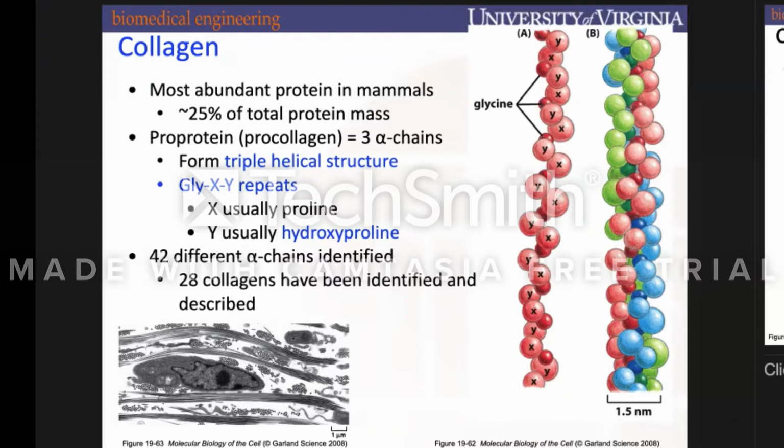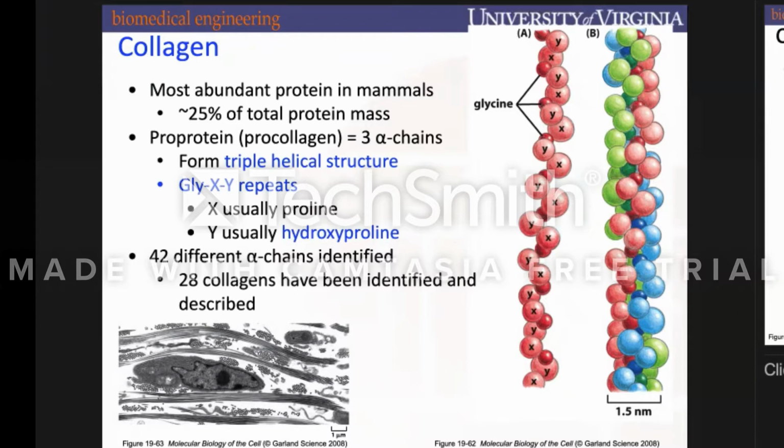And what's important to note also is that different forms of collagen have different ratios or different degrees of proline content, but collagen is not exclusively glycine, proline, hydroxyproline. There are other amino acids that are also present.